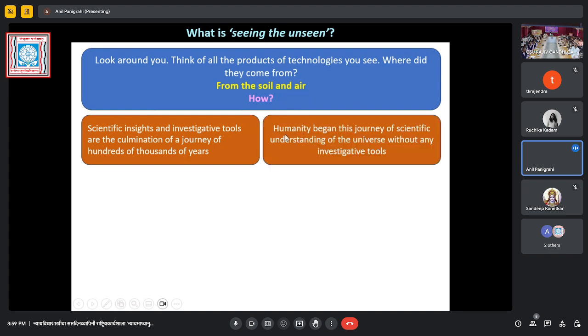And humanity began this journey of scientific understanding of the universe without any investigative tools. Those tools were not there when we started the journey to understand the universe, right? When we were cavemen.